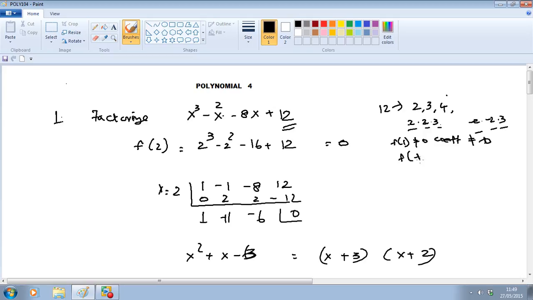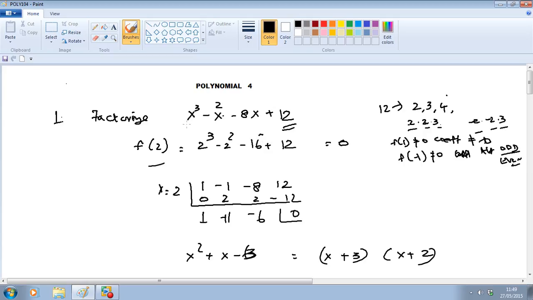F of minus 1 is not equal to 0 because the coefficients are alternately odd and even; you have to compare them, and that is also not equal to 0. So we will try with 2 first.